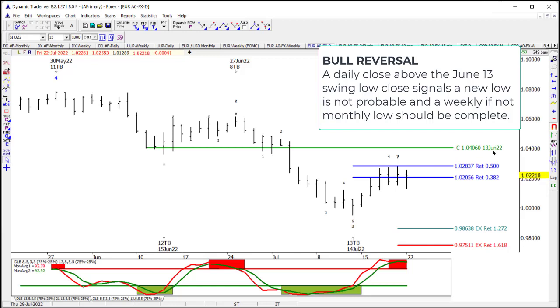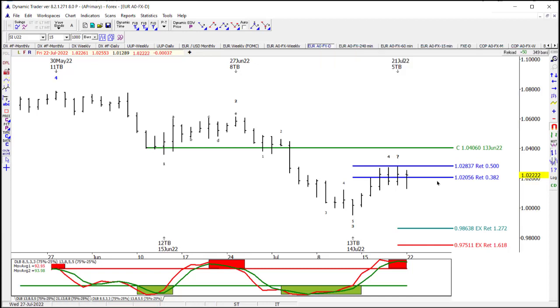That's the June 13th swing low close that I've labeled as a wave 1 close. That would be a closing overlap, and it would indicate that this impulsive trend was complete and a multi-week, if not a multi-month low is complete. Great information we've got here for specific trades in the days ahead.